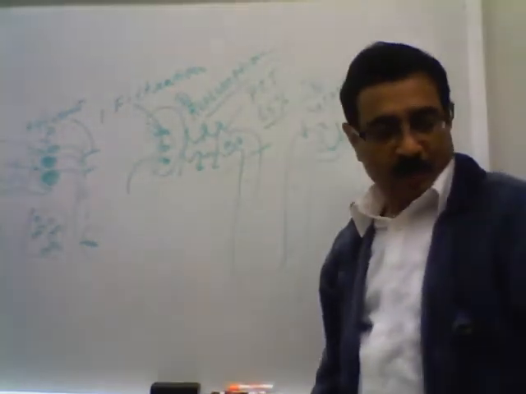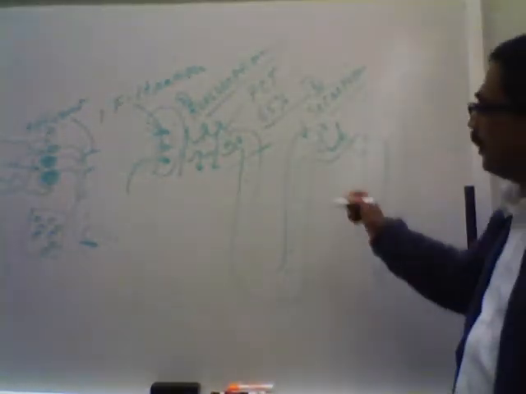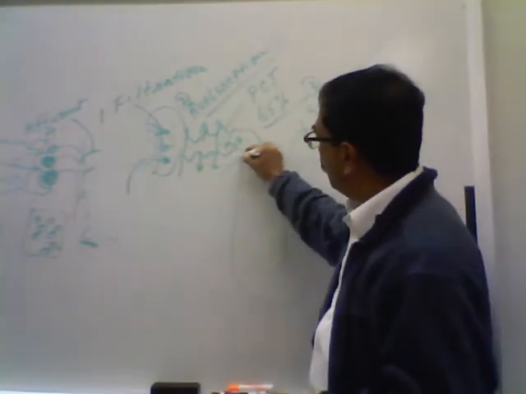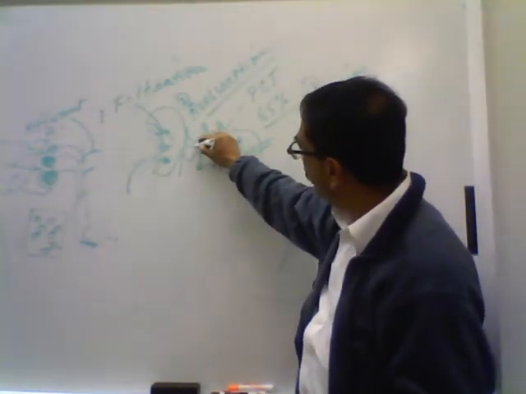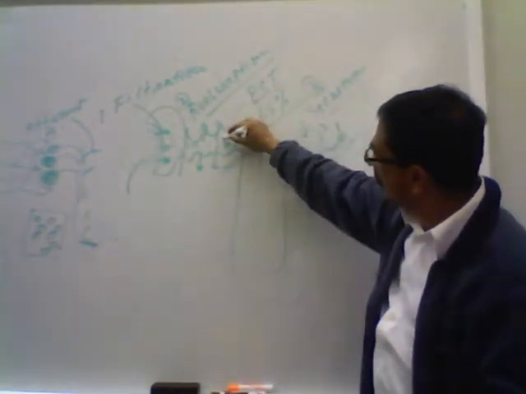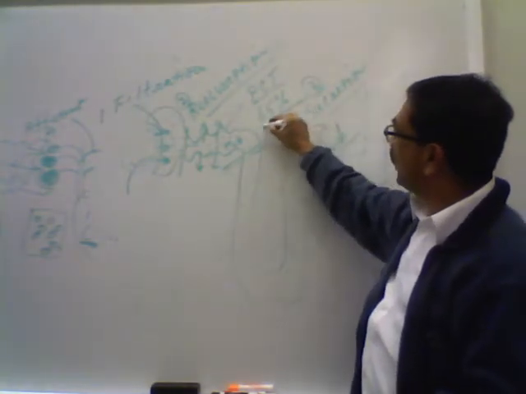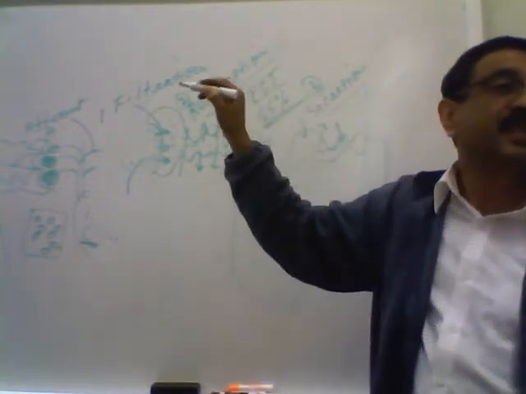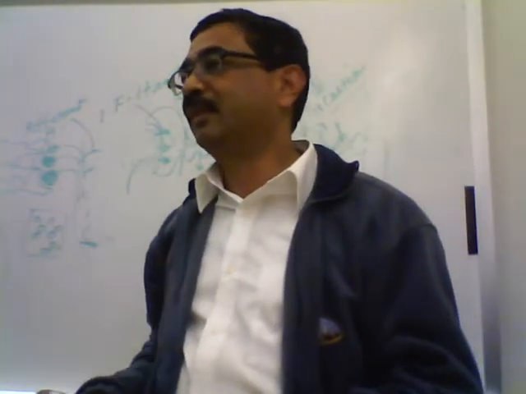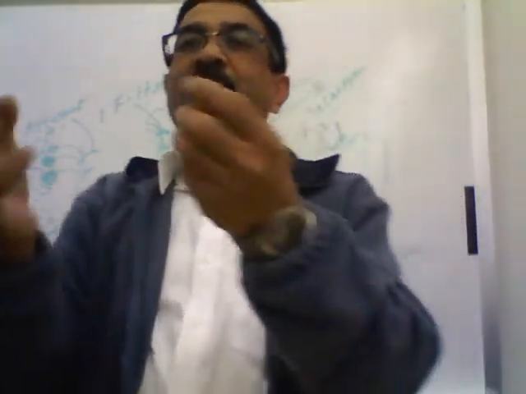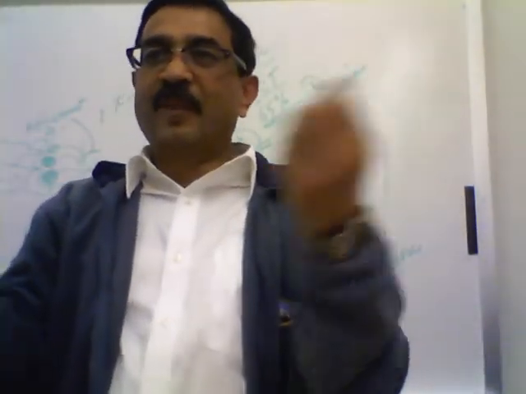Okay, now let's go back here. I told you that when the fluid will pass through the proximal convoluted tubule, how much will be reabsorbed? 65%, right? Of everything will be reabsorbed.